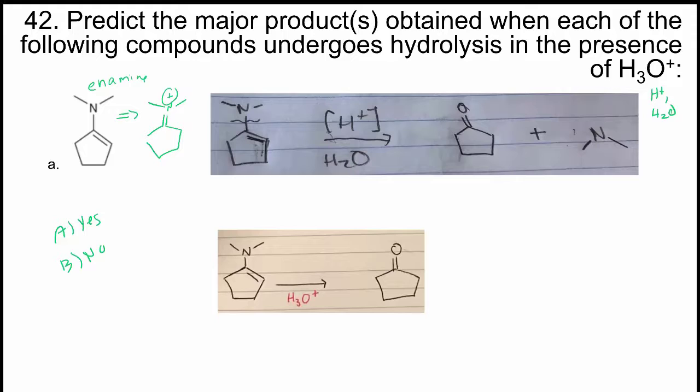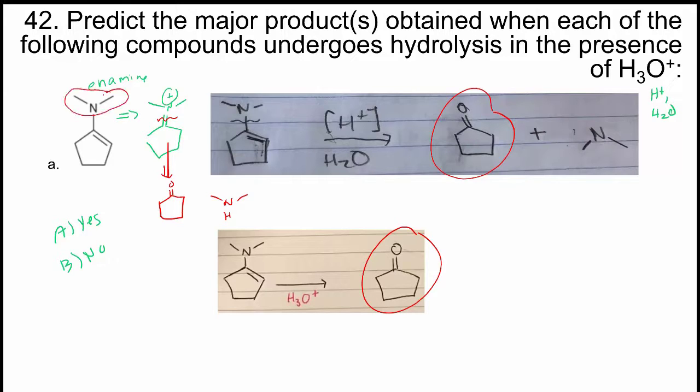And then at that point, it's a little bit easier to see the separation there. And from there, you get the cyclopentanone which is common to both of these, plus the nitrogen and the 2 methyl groups. And that is from this part of the molecule. So these both give you the same product there. Questions there?